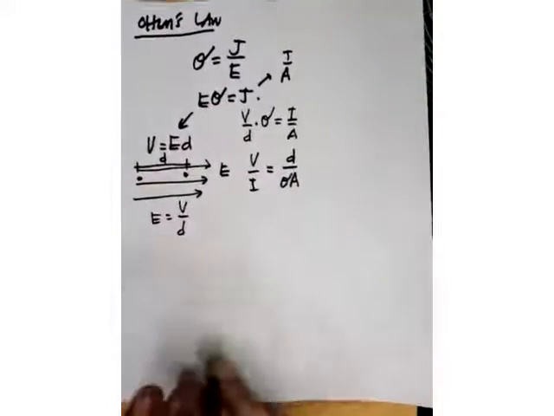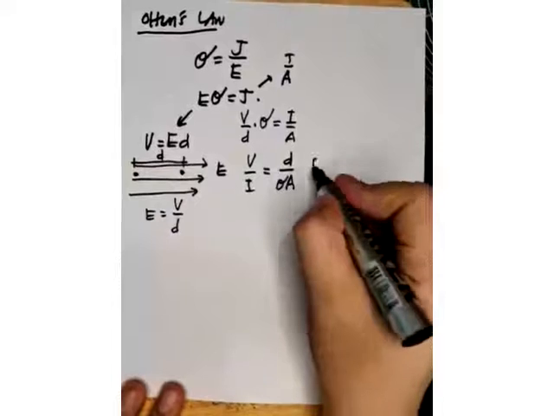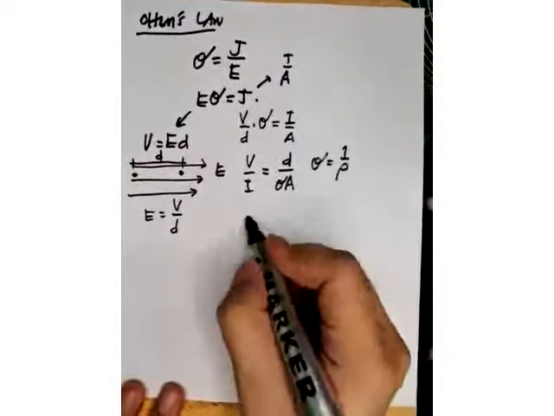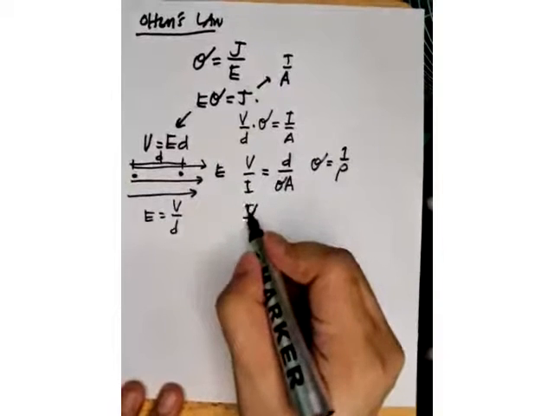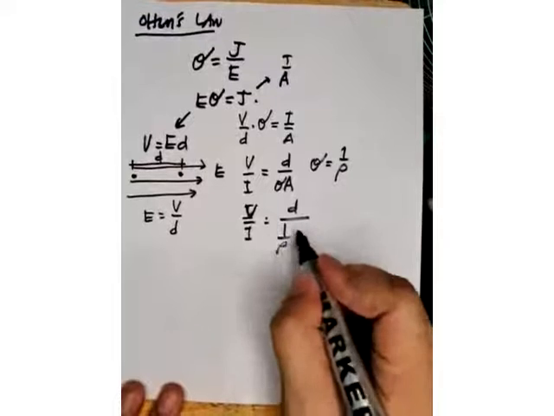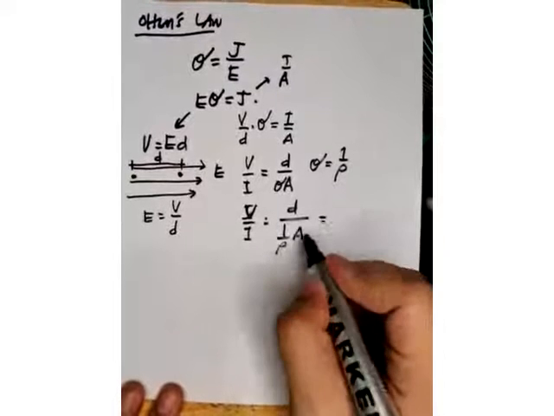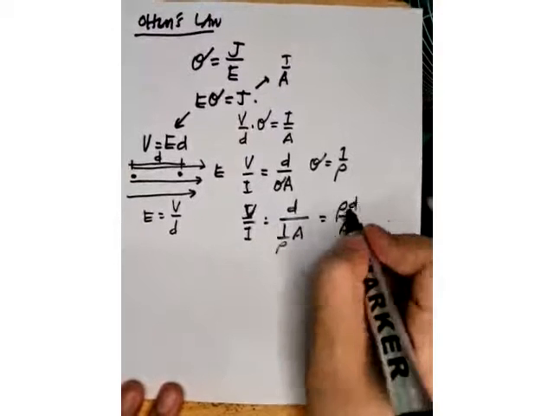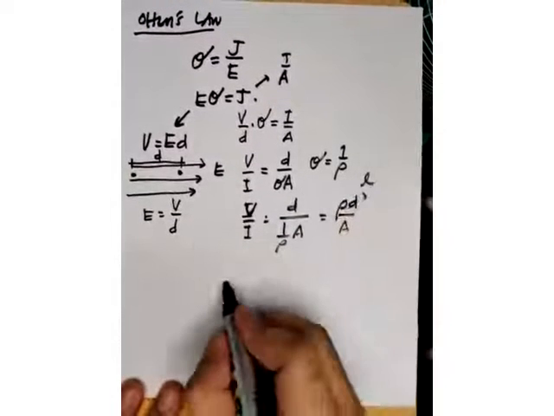So, that is 1 over resistivity. So, V over I is equal to D over (1 over resistivity) times A. Or, itaas natin siya. So, rho D over A. Okay, but D natin ay, tawagin natin siyang length. So, therefore, V over I is equal to rho L over A.